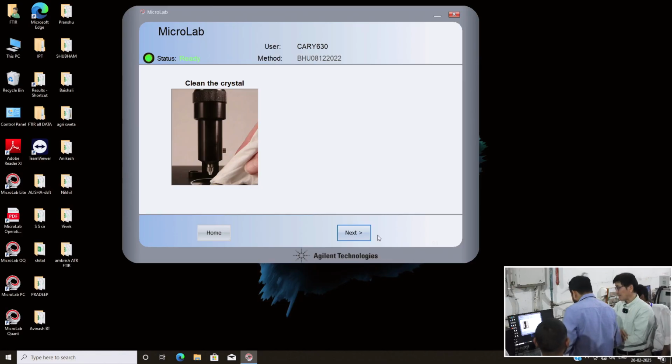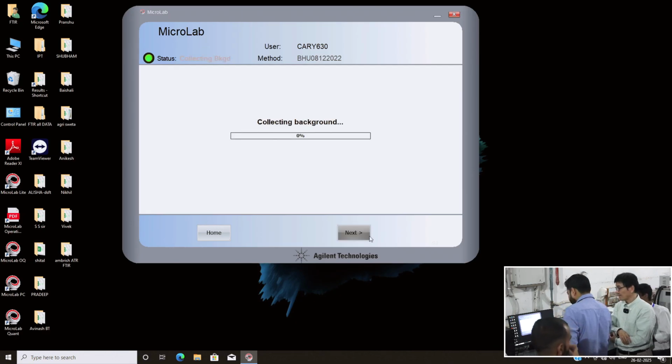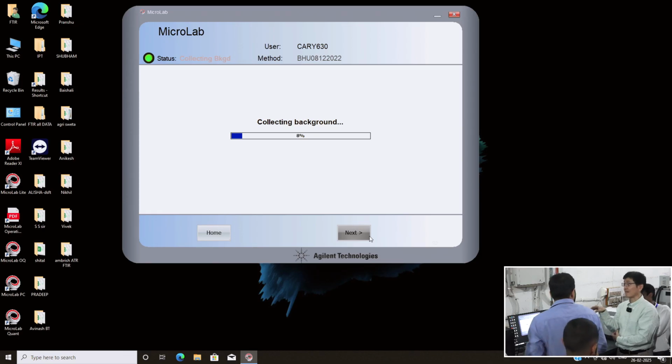No, this is I0, so with air. Let's proceed. So we clean this one now. Now green. So this is the measurement of air as I0.